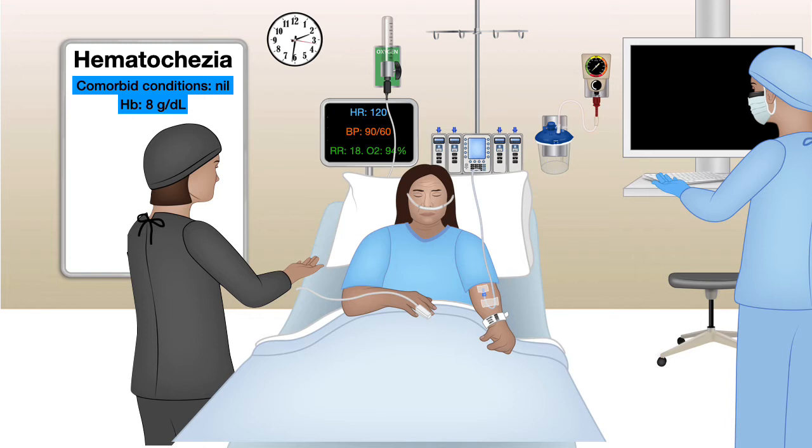So, this woman, who is otherwise healthy but had a significant bleed and has ongoing bleed and a hemoglobin of 8, the transfusion goal should be kept at least 9 grams per deciliter because she's actively bleeding and you don't want to wait till it drops to 7 grams per deciliter.